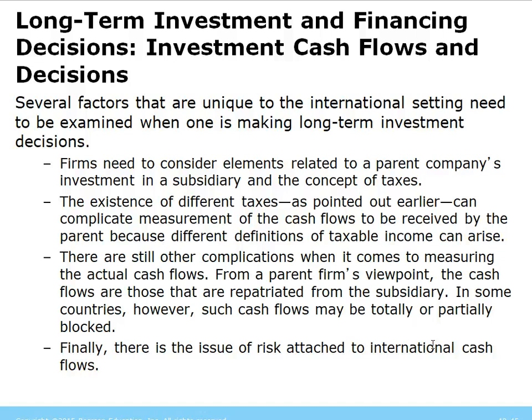The firms have to consider the elements related to the company's investment in a subsidiary on the concept of taxes. So how are they going to deal with new tax obligations? The existence of different taxes, as we talked about earlier, can complicate the measurement of cash flows, the amount of money received by the parent company from the international company, and the tax consequences related to it.